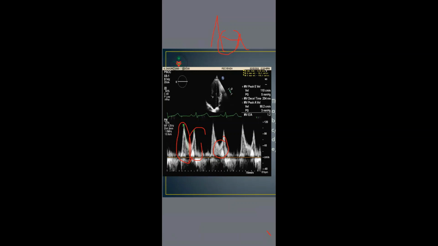And it can also be seen in normal athletic young people. Why is that? Because young athletes don't have high LA pressure, but they have a super relaxing left ventricle.